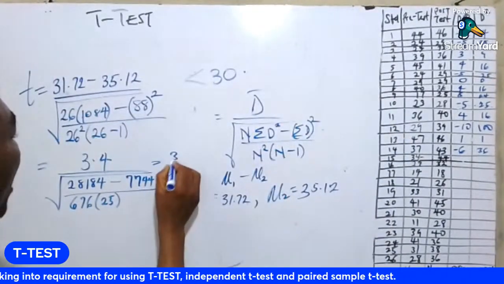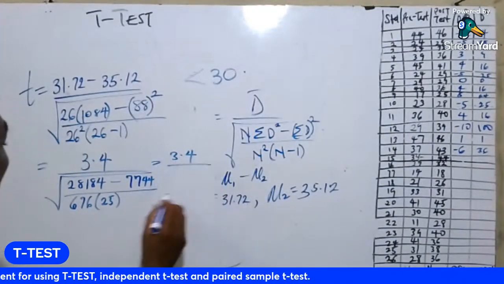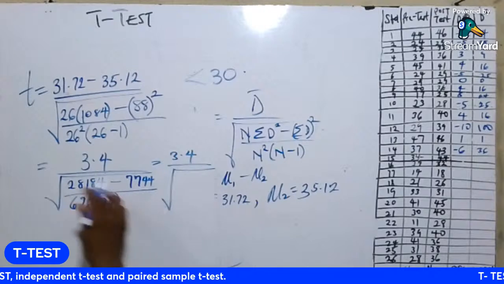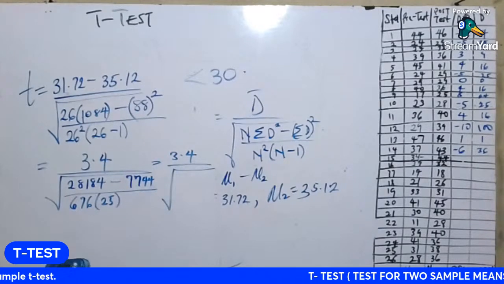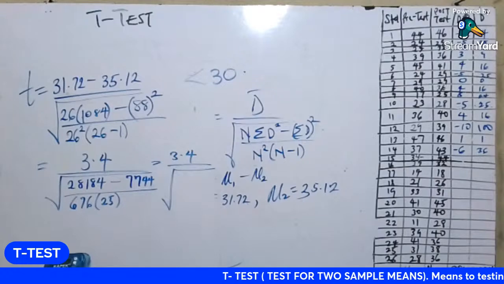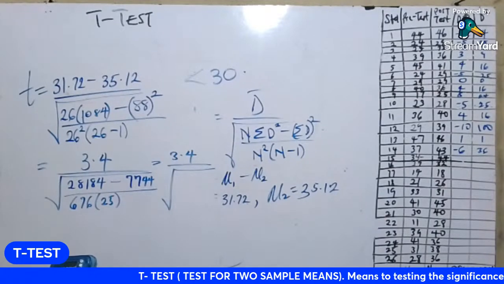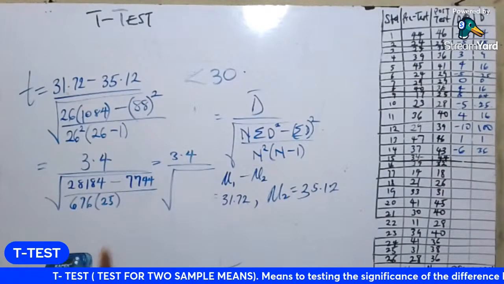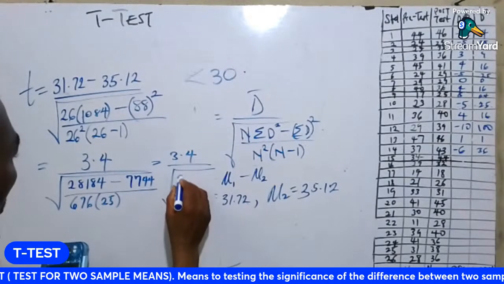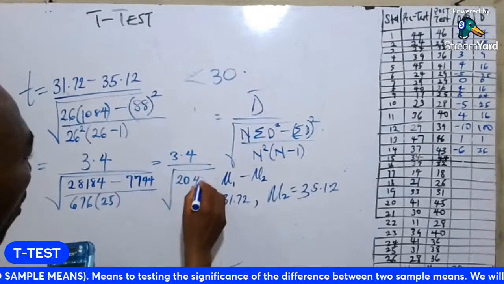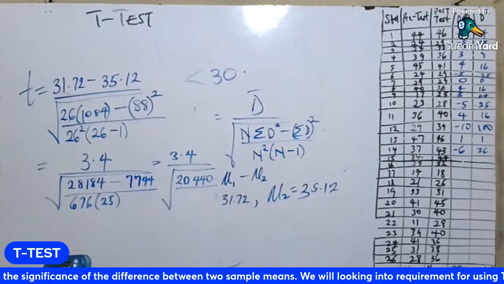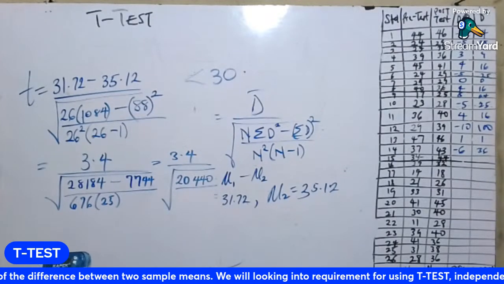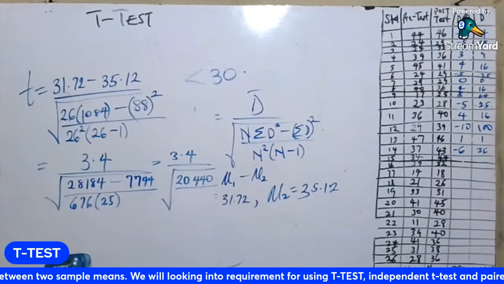So this is going to give me 3.4 over the square root of the difference between these two, 28,184 minus 7,744. And that will give me 20,440 over, this is just 676 multiplied by 25.